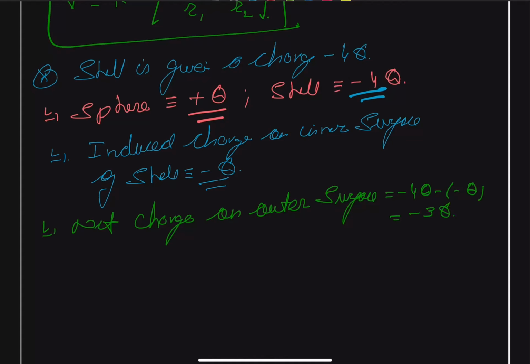Now we are going to find out new potential difference. So first of all, we are going to find out new potential difference at the surface of solid sphere, and similarly for our outer shell surface.